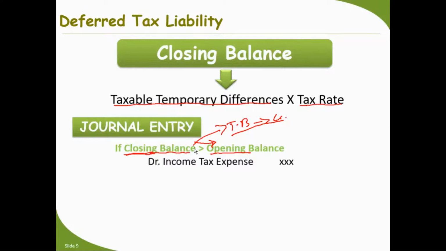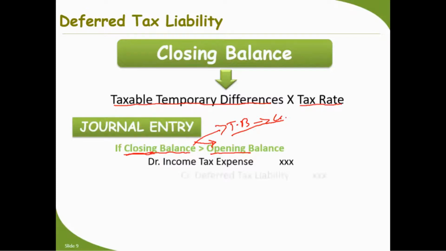There is another possibility, which is the third possibility, that he will give you the carrying value of the asset as per accounting records and the tax base, and the difference you will calculate as your taxable temporary difference, then you will multiply it with your tax rate. Okay, and then you will calculate your closing balance.